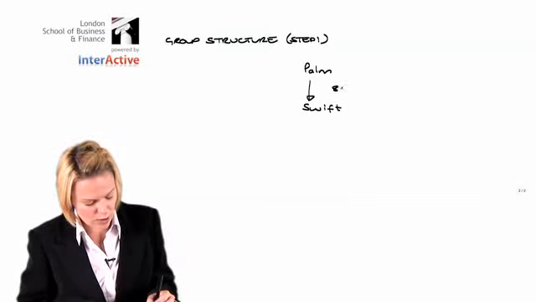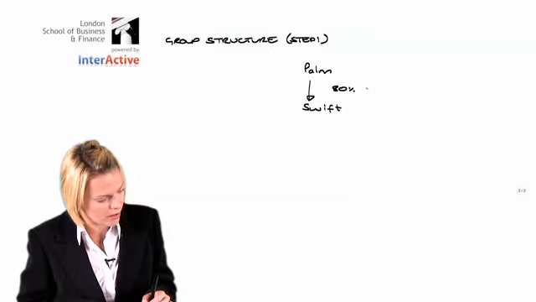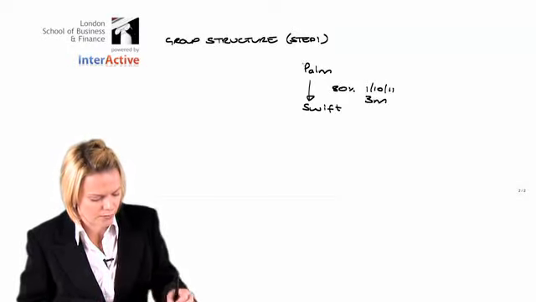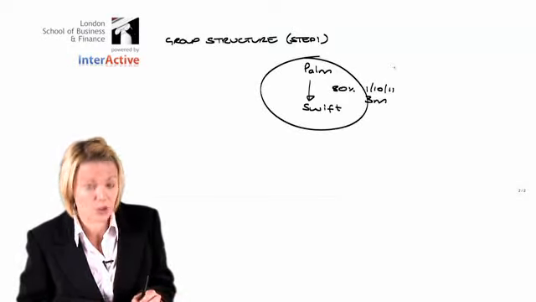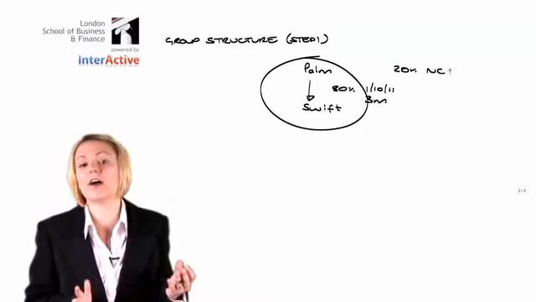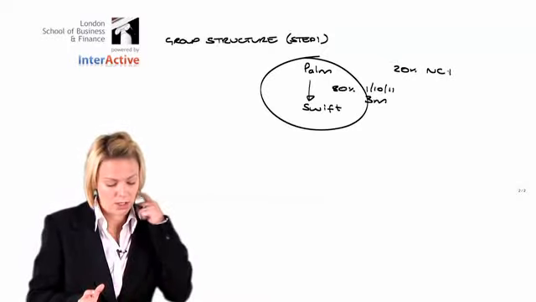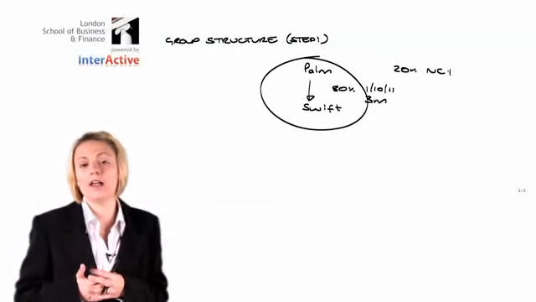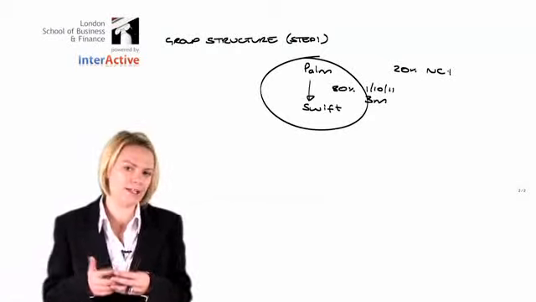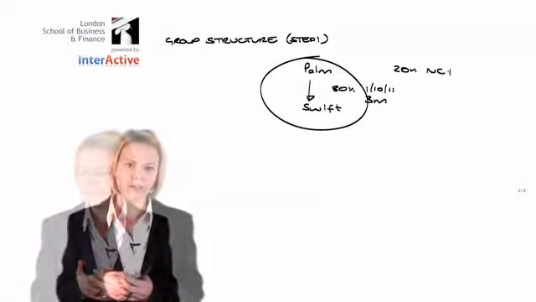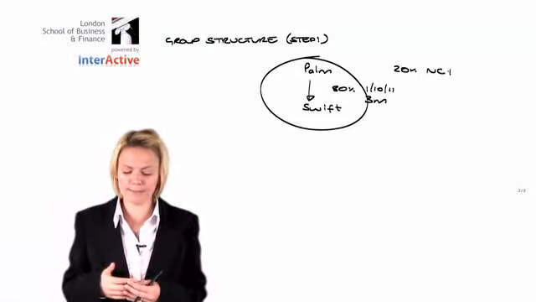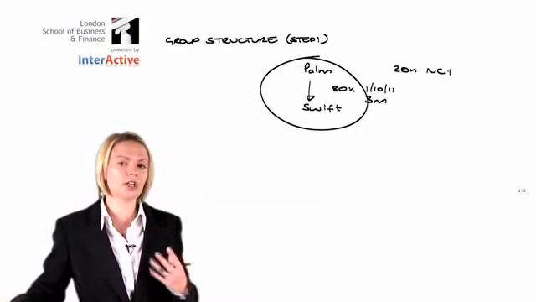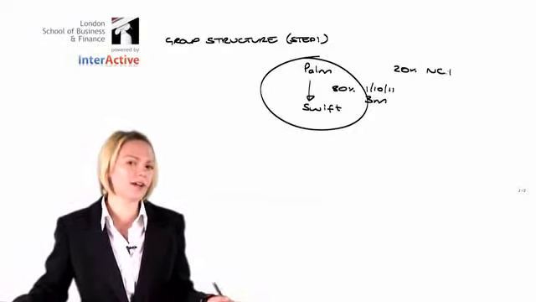It was an 80% holding on the 1st of October 2011, held for 3 months, with the other 20% being the NCI. So it's a very simple group structure, and it will always be that way in the examination. We're only at F3, so it'll be a very simple group structure. So we've done our group structure then. We know we've held the subsidiary for 3 months post-acquisition, and I suppose we've also identified the NCI.